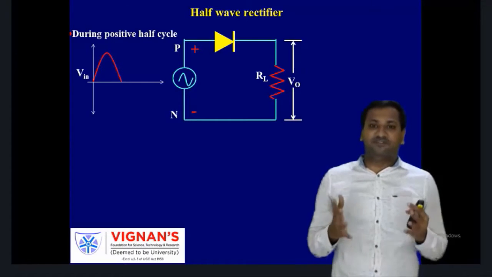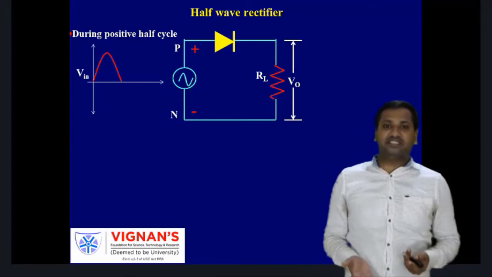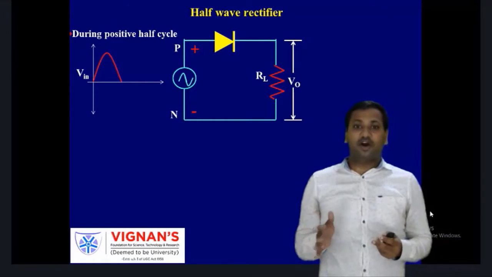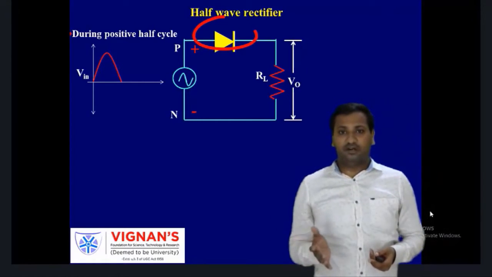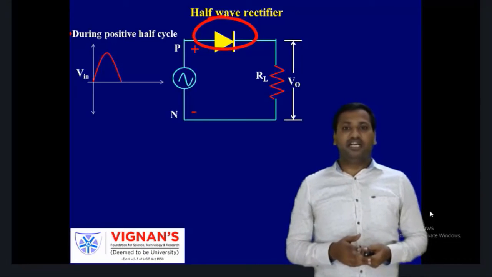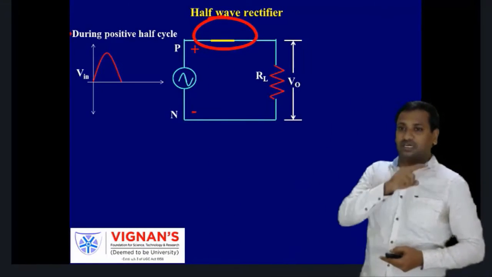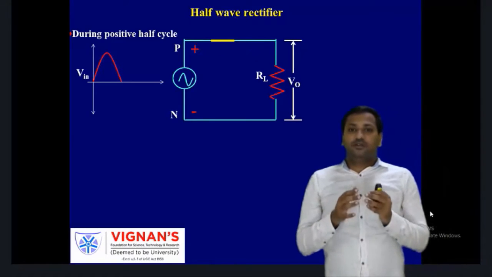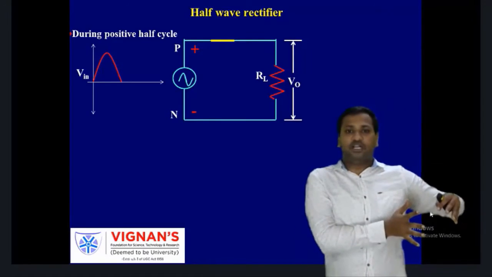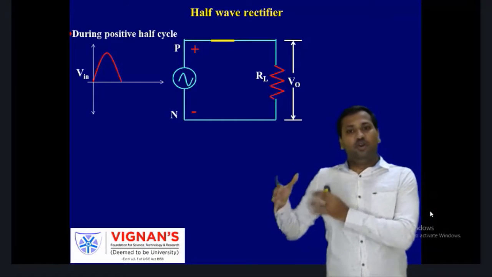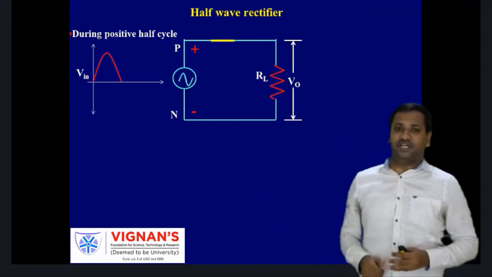When the diode is in forward bias, the diode will act as a closed switch or short circuit or on switch. That means your diode will be replaced with a short circuit, so that your input voltage will be connected to the load through the short circuited diode.